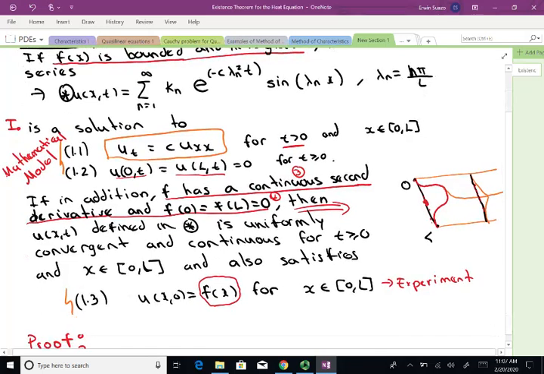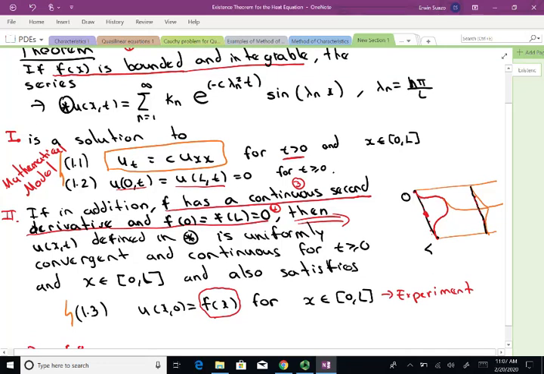Next, part 2 is saying, if in addition f has a continuous second order derivative, then u(x,t) is uniformly convergent and continuous for t positive, and also satisfies u(x,0) equals f of x.